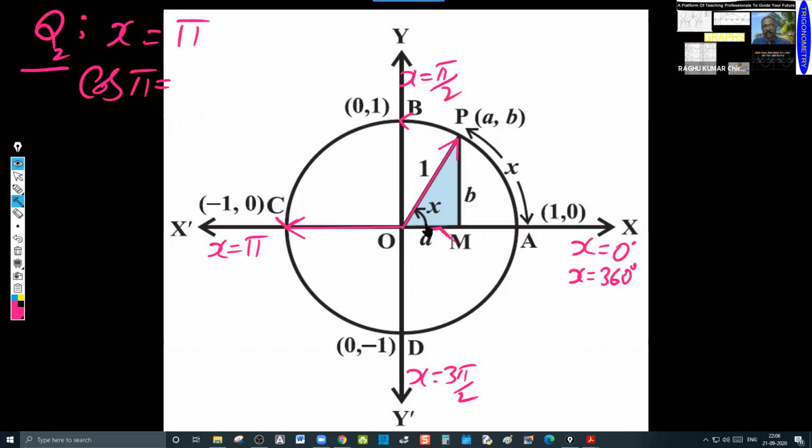If x is equal to pi, what happens is that OP will come and coincide with the negative x-axis. This one.